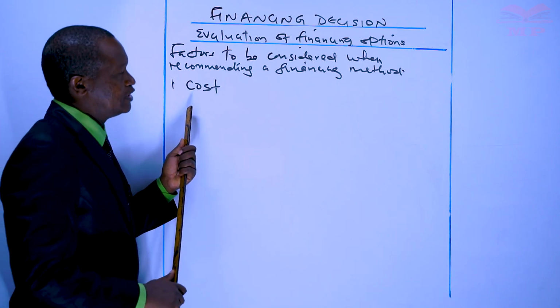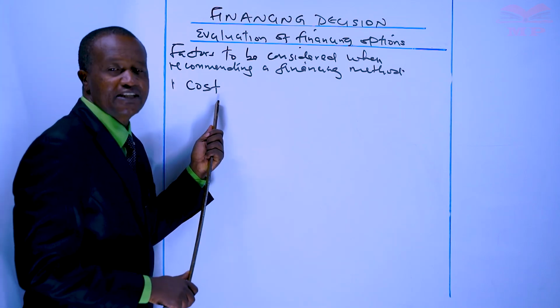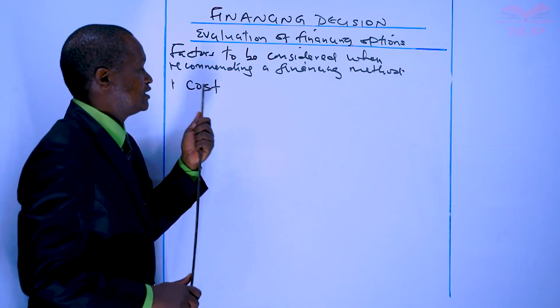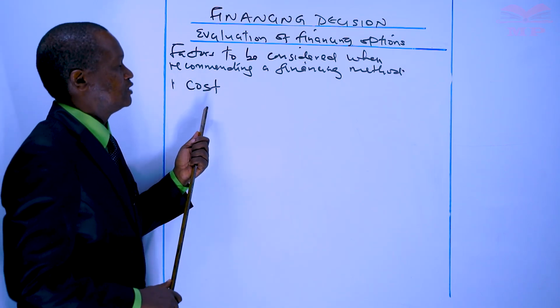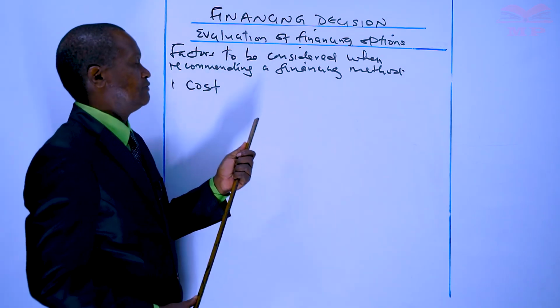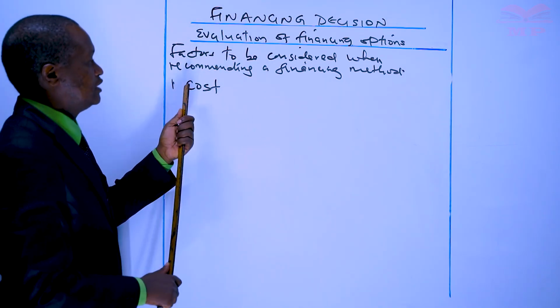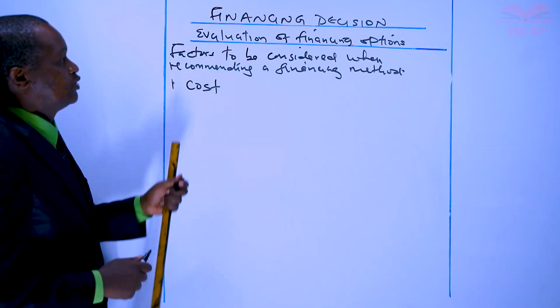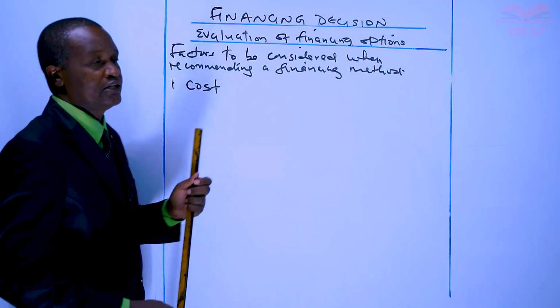So if obtaining debt finance is cheaper than obtaining equity capital, then the finance manager can go for debt. So cost is a factor that ought to be considered when recommending a financing option.